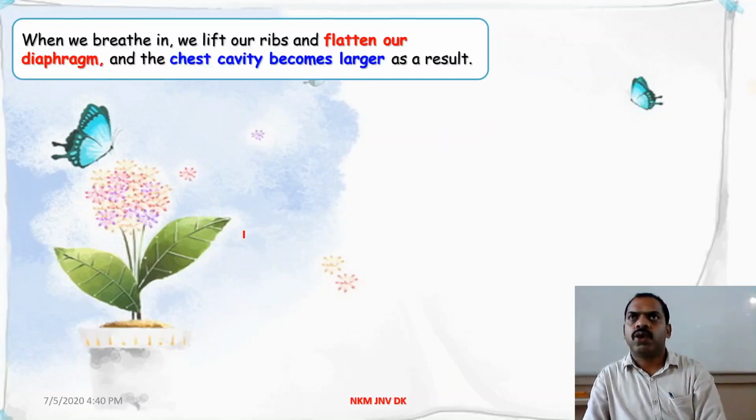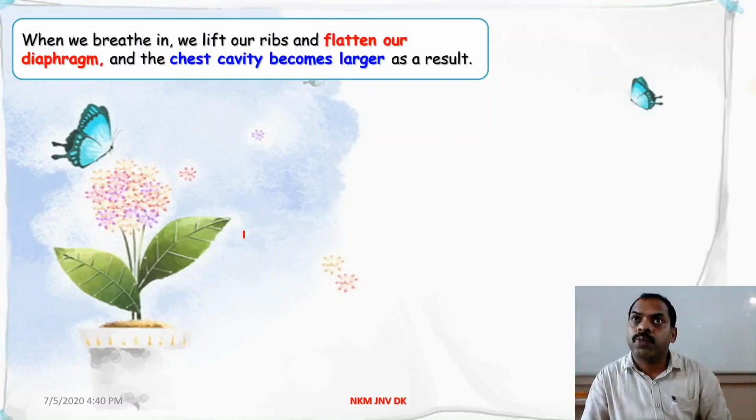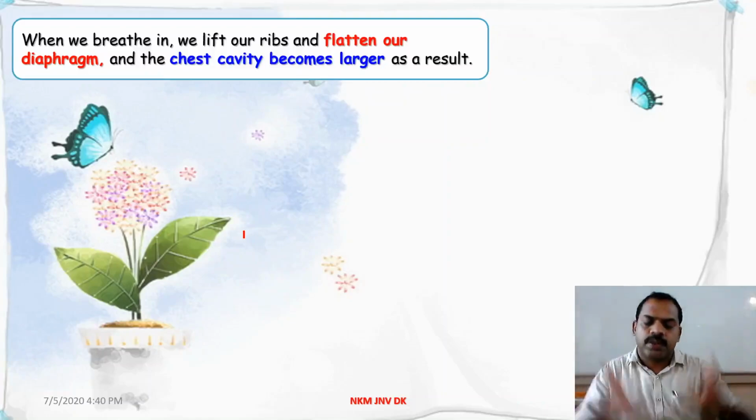No. When you are sleeping, or watching a film with a lot of interest, we forget even to breathe. If we forgot to breathe, we would die. That is not happening because breathing, or pulmonary ventilation, is an involuntary activity. It is happening without our wish.